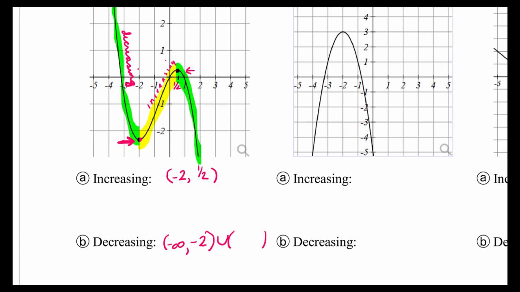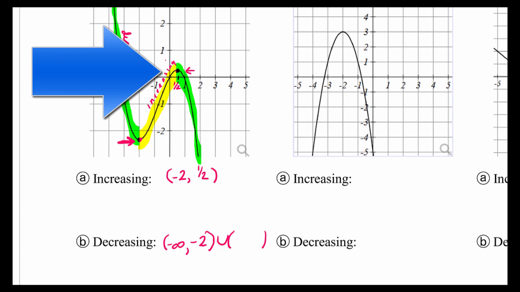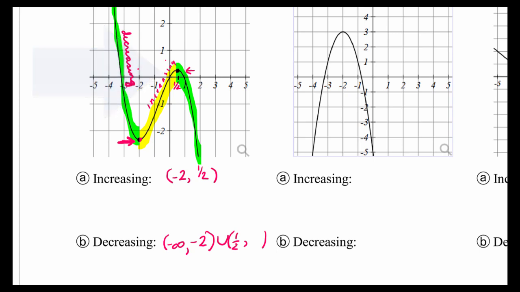And now this time around, as I look at my x-coordinates from left to right, my smallest x-coordinate is occurring at this turning point up here at this local maximum of 1/2. So that's going to go on the left-hand side of my interval. And then this function is going to keep falling no matter how big x gets, right? And x is getting really big because it's going towards the right side of the number line, isn't it?